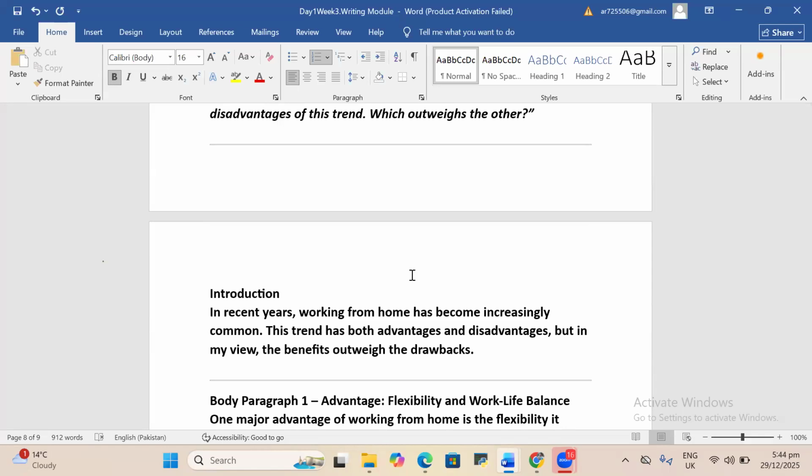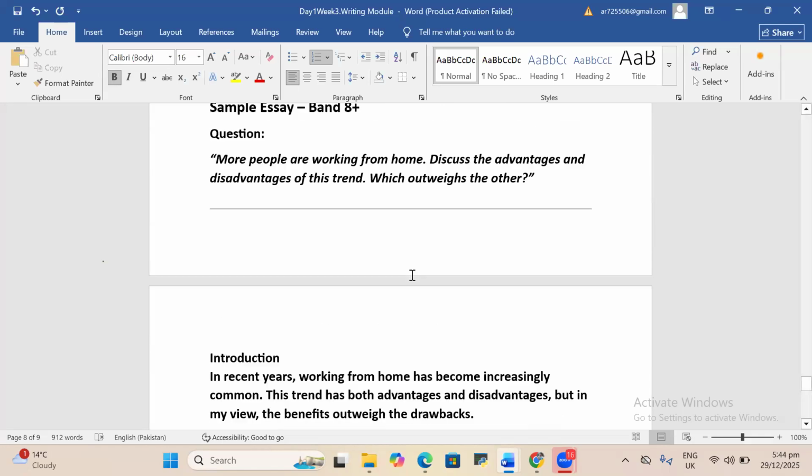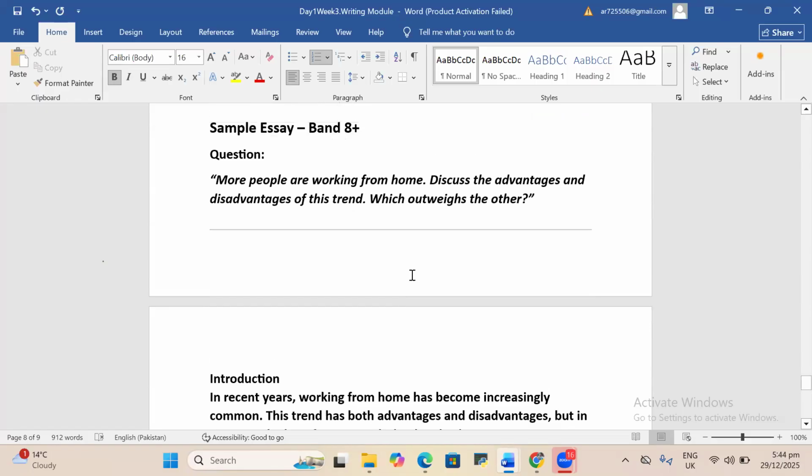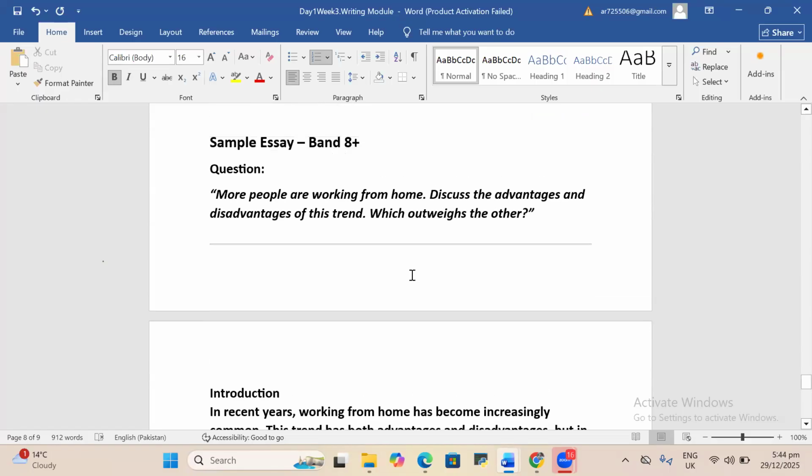You try to understand everything during reading. So this is what active reading means. So you have to read up the Band 8 or Band 9, 7 plus essays and see how they have been written. These things actually help and train your mind to follow that structure.